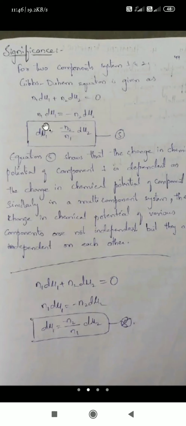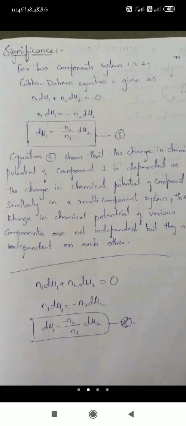So this shows that the change in chemical potential of component 1 is dependent upon the change in chemical potential of component 2. It is related, not independent, by the relation minus n2 by n1.